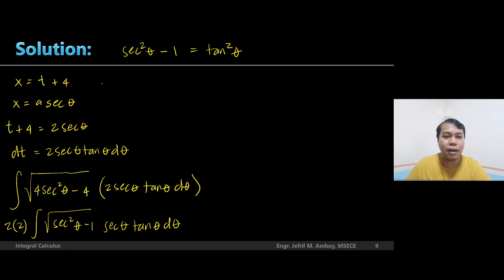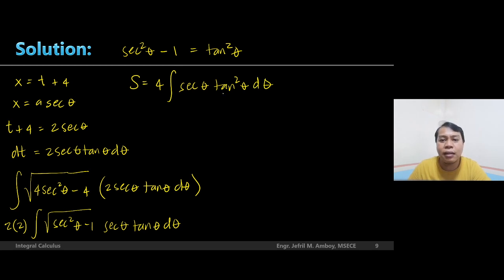So this expression becomes S equals 4 times the integral of secant of theta multiplied by tangent squared theta and then d theta. Ayan, from theta 1 to theta 2.